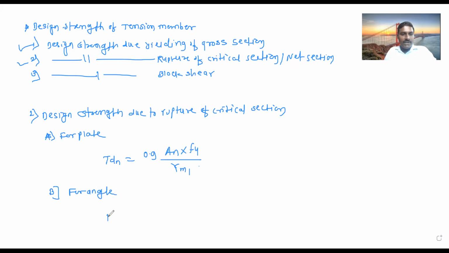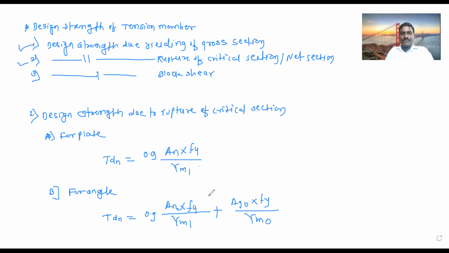For angle, Tdn is equal to 0.9 An c Fu divided by gamma m1 plus beta Ago Fy divided by gamma m0.